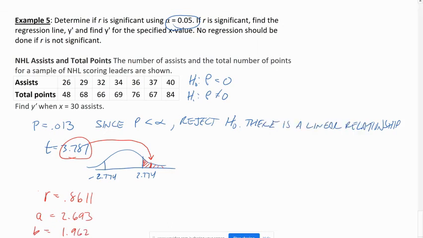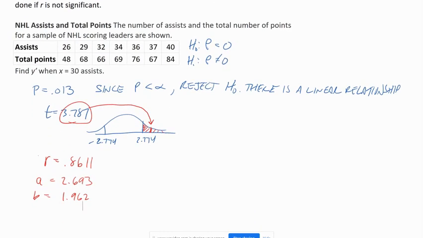Since we are saying there is a linear relationship, R is significant, then we can write our equation: y prime equals 2.693 plus 1.962x.